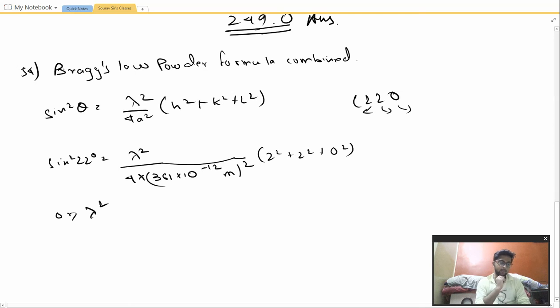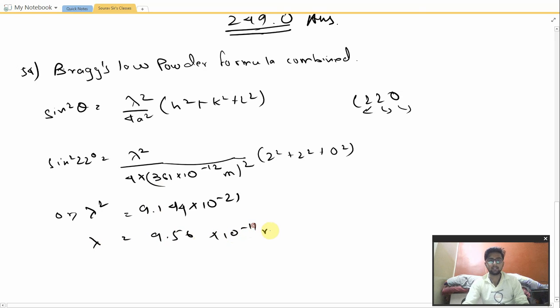So we have this answer, and we will take the root. Lambda square is equal to 9.14 into 10 to the power minus 21. So lambda, taking the root, is 9.56 into 10 to the power minus 11 meter.